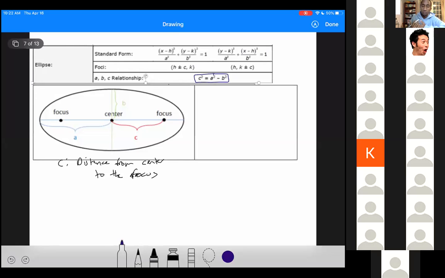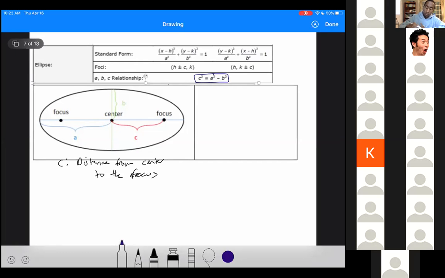If you were to take a ruler and measure this, and then take that same distance and try to find where else on this ellipse you have that same distance, one would be over here, right? That would be the same. Another one would be the distance from the focus to the co-vertex.